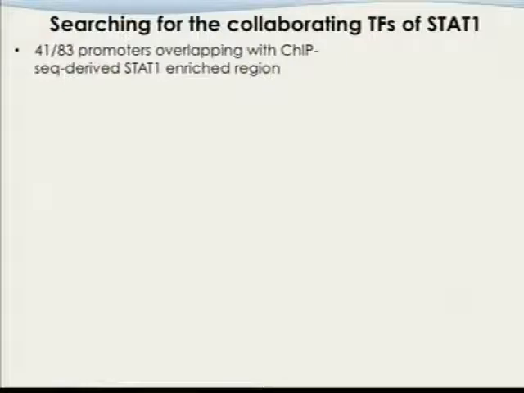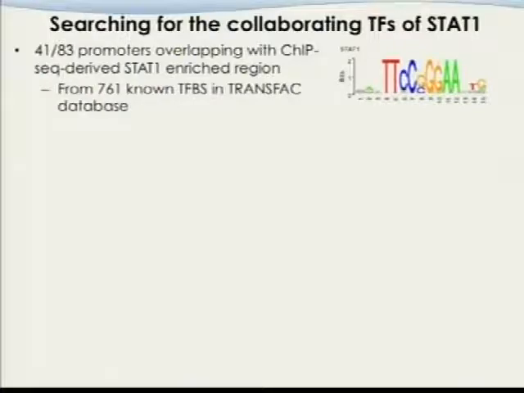We found that 41 out of 83 promoters overlap with ChIP-seq derived STAT1 enriched regions. We just did this motif search in these 41 regions, using exactly the approach that I showed last time. The first motif that showed up was a STAT1 binding site, which is kind of nice, right?